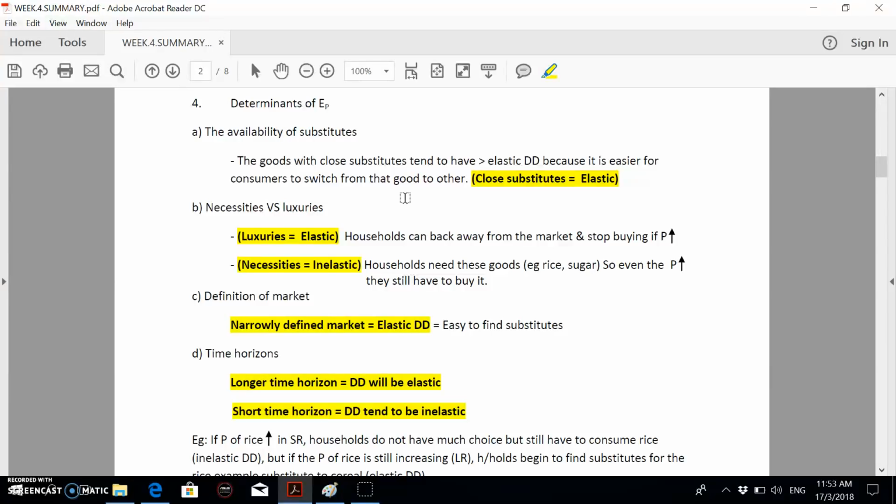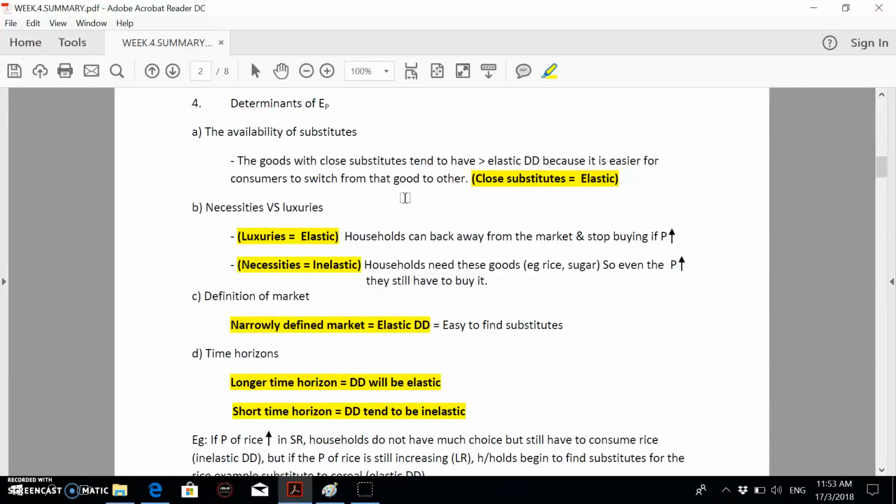Let's say you're really interested in buying Nike shoes. The moment the price of Nike shoes increases, you have the possibility not to buy Nike. Maybe you would like to buy Adidas, because Nike, Adidas, and any sport shoes name brand have many substitutes actually.